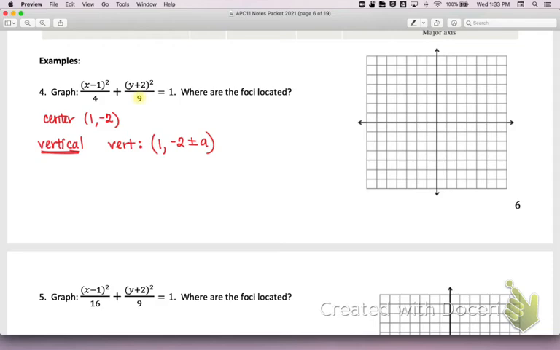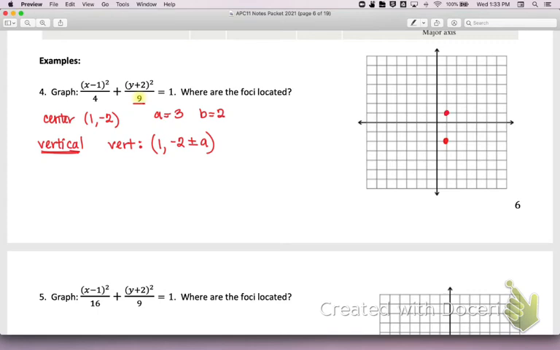Let's look at this graphically first, okay? We can see from here that we have a is equal to 3 and therefore b is equal to 2 once we know that this is the a squared, okay? So if we put our center, which is at 1, negative 2, nope, that's not that point. 1, negative 2 is down here, okay? Then from there, we want to go up a and down a.